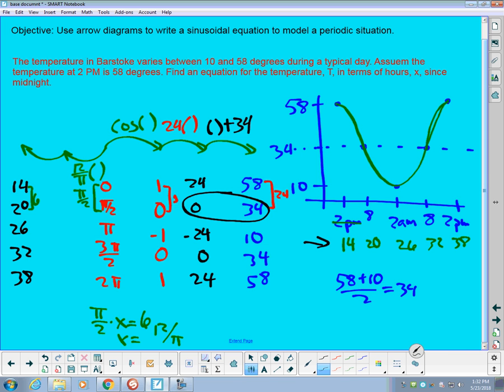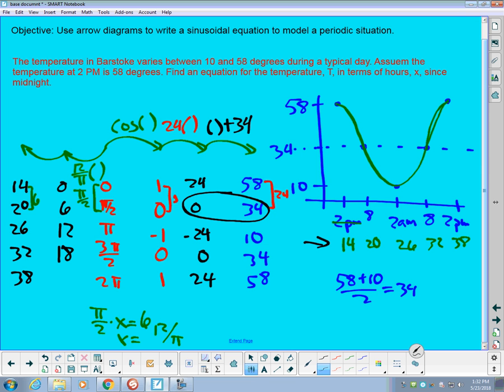12 over pi times 0 is 0. 12 over pi times pi over 2, the pi's cancel, the 12 over 2 becomes a 6. 12 over pi times pi is just 12. 12 times 3 is 36. The pi's cancel again, divided by 2 gives me an 18.